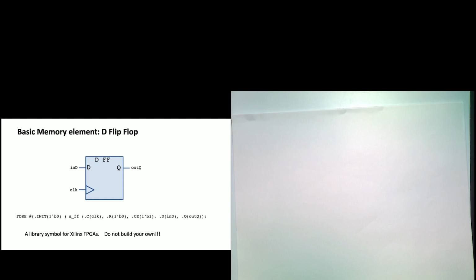And to remember the past, we are going to use the D flip-flop. This is how we instantiate a D flip-flop. They are already present on the FPGA. It's just a matter of using them, connecting them up so that they are part of your circuit.